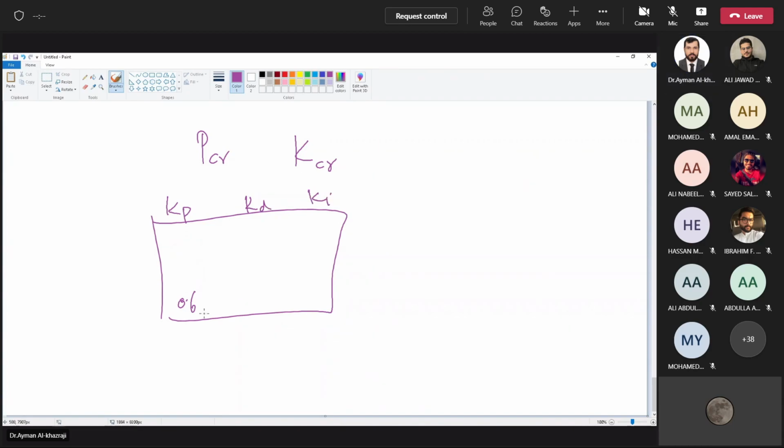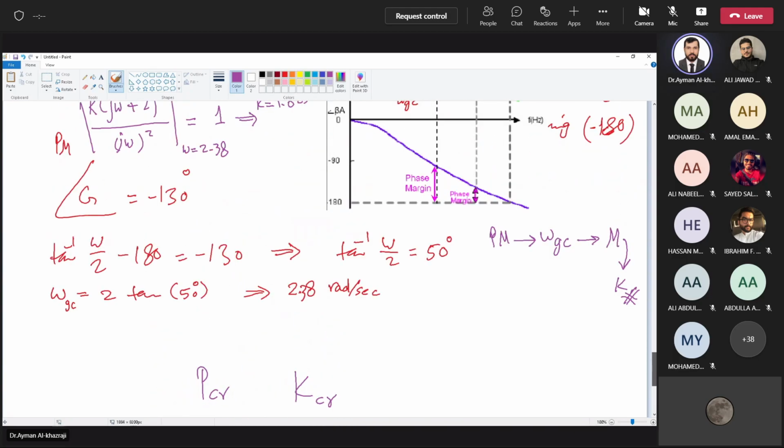This is KCR, and this is PCR over 2, and this is PCR over 8, if I remember well. Okay, that's it. These are the types of questions.